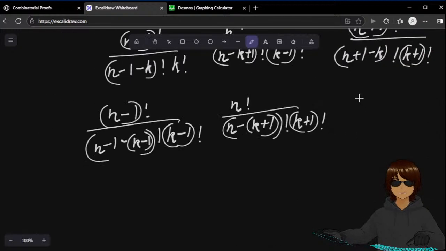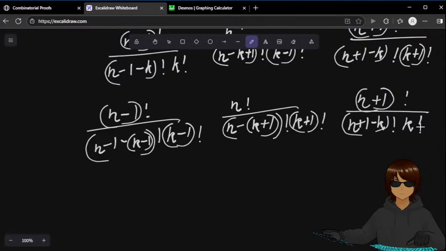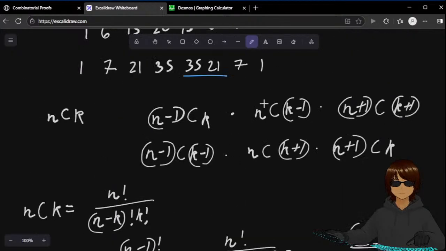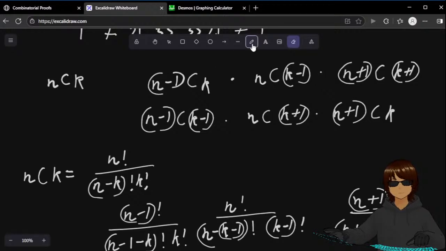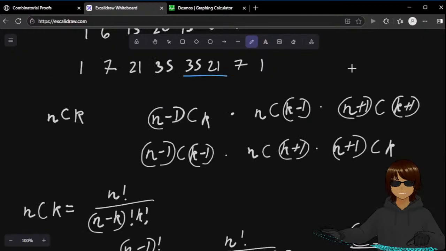n plus 1 and k. n plus 1 factorial minus k factorial. And then is that correct? Yeah, let's rewrite this. n minus k minus 1 factorial. n minus 1, we have n, k minus 1, n plus 1, and k plus 1.